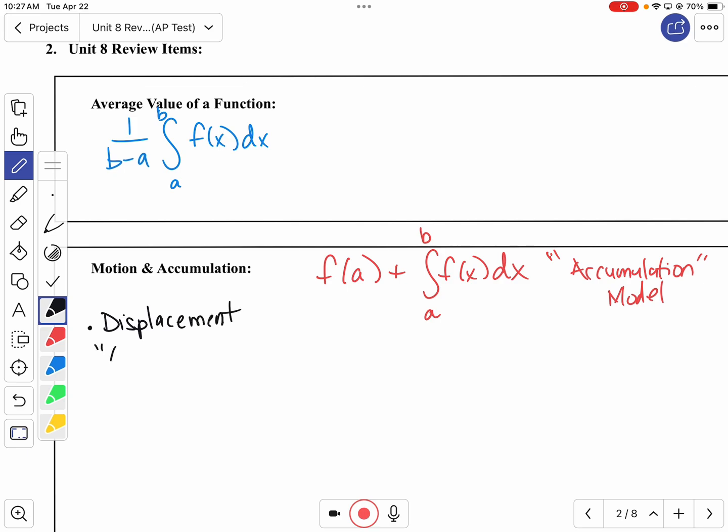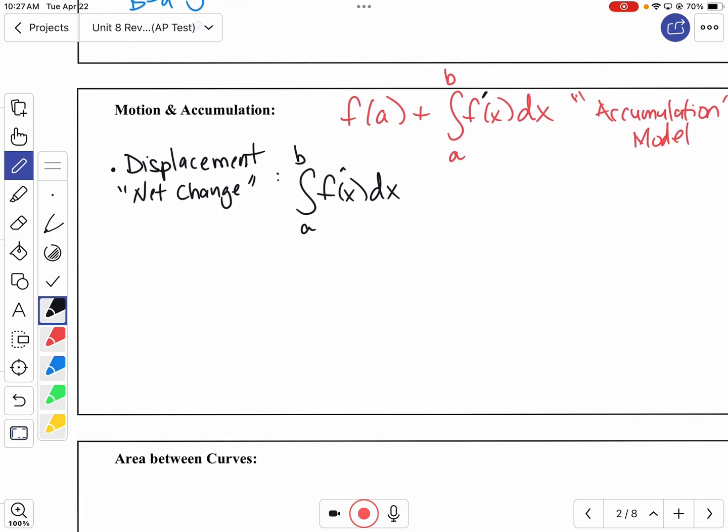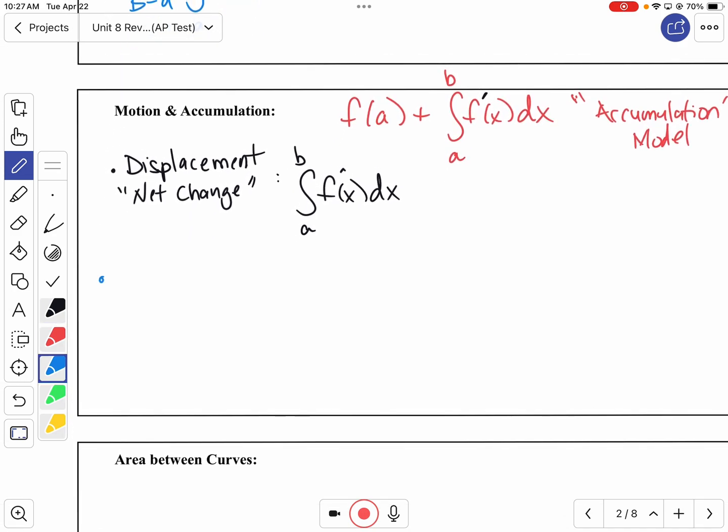Our displacement, or our net change if we're talking about motion, is the integral from a to b of f of x dx. Okay, it's f prime. We'll put f prime right there. And then for our total distance, we put absolute value around that.